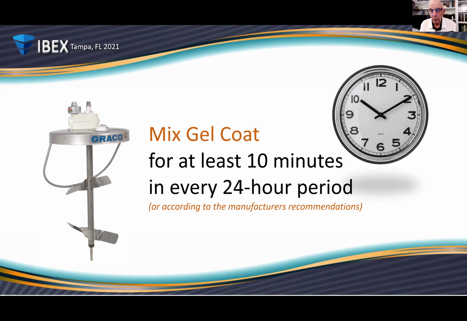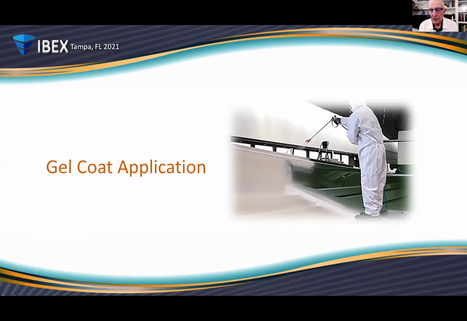And that's the appropriate way to go to make sure that your material is perfectly blended. If it's not well blended, you can't expect top performance out of the material when it gets out into the consumer's hands.